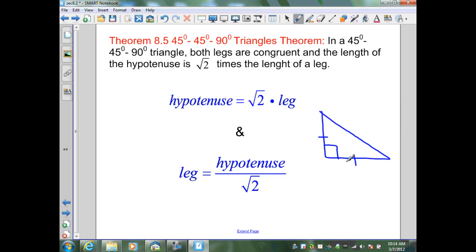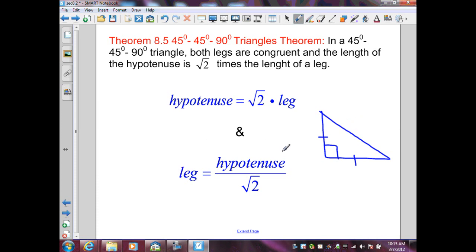And to determine the hypotenuse, I take the measure of the leg and multiply by the square root of 2. Therefore, if this was 3, I know the other leg would be 3. And the length of the hypotenuse is just the square root of 2 times the length of that leg, which would be 3 square roots of 2.